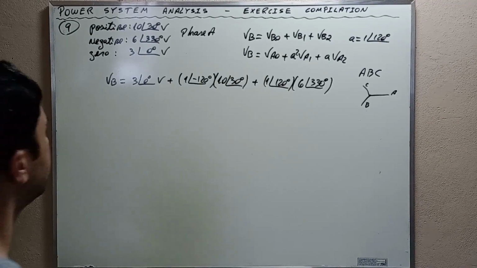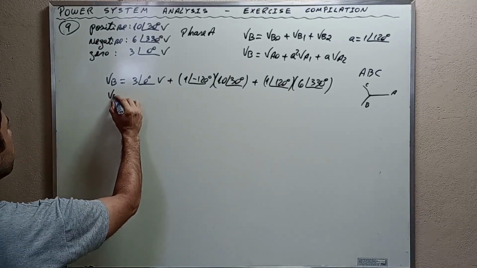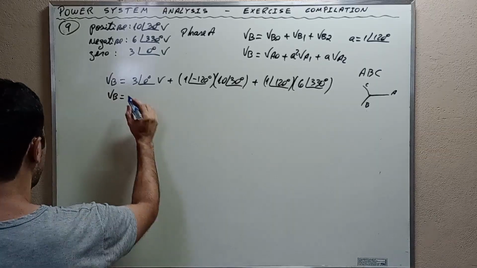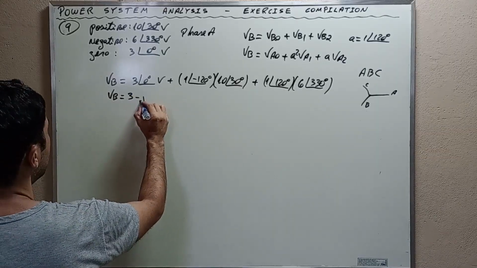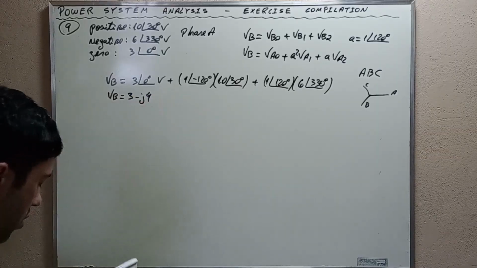And then we find that VB is equal to 3 minus J4, alright?